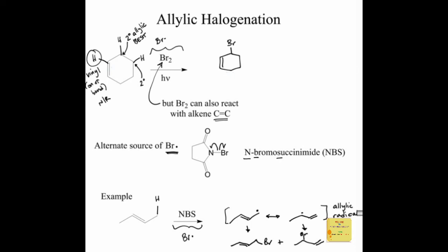But in certain cases, we want to look at both resonance forms of the resonance stabilized radical intermediate and be sure that we recognize that bromination can occur at either of those sites. So for allylic bromination, we want to use NBS, and we want to draw out that allylic intermediate to see if maybe a surprise product might be formed at the same time.